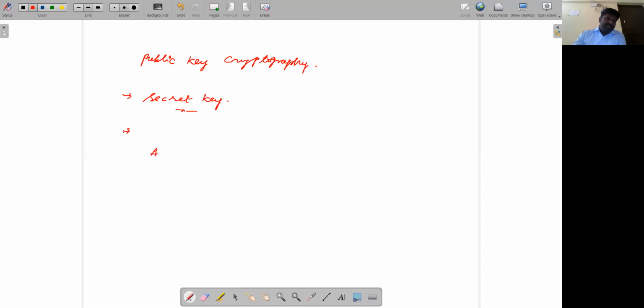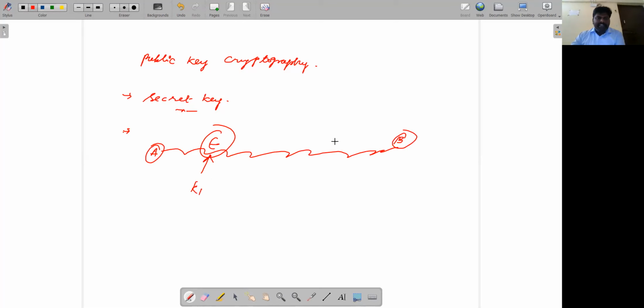Suppose user A and user B want to transmit data securely. For that they would go for an encryption and decryption process. Whatever key has been selected and used by user A, the same key has to be delivered or shared with user B for decryption.